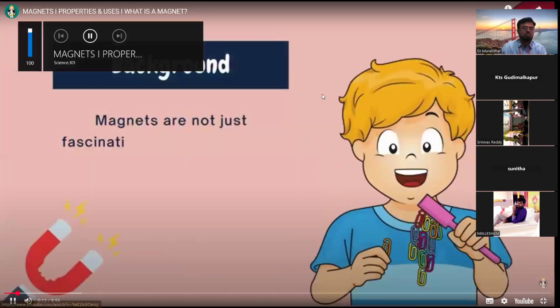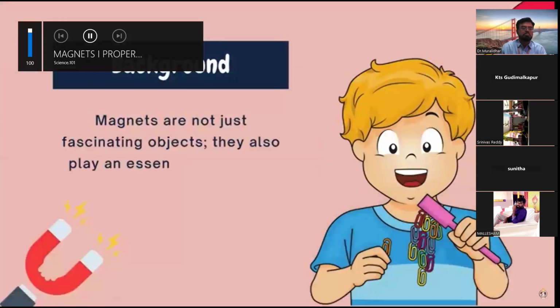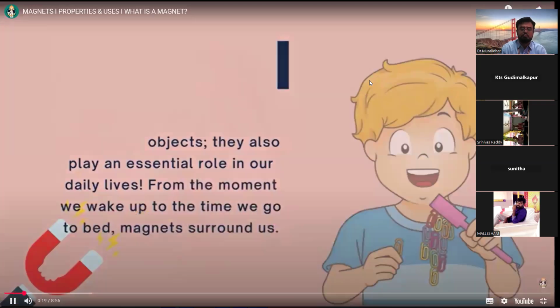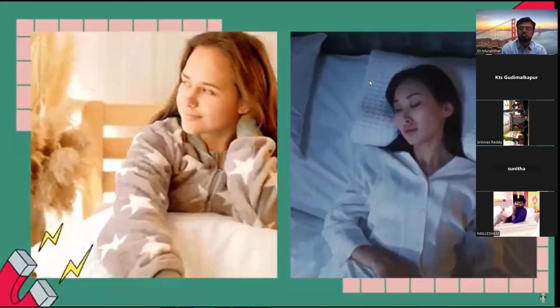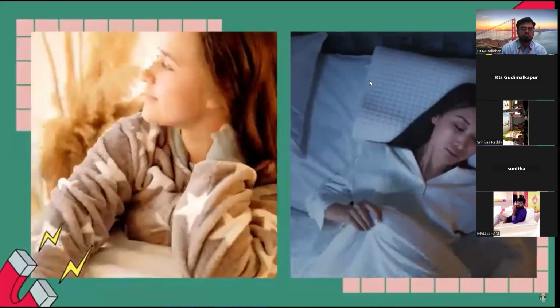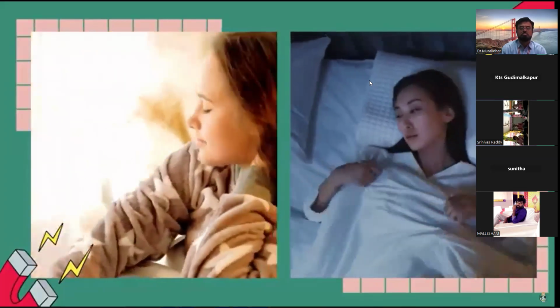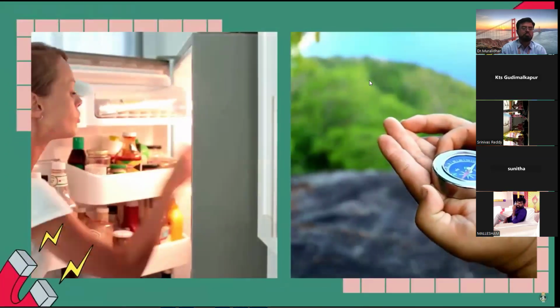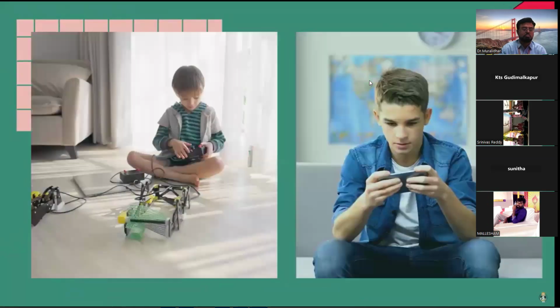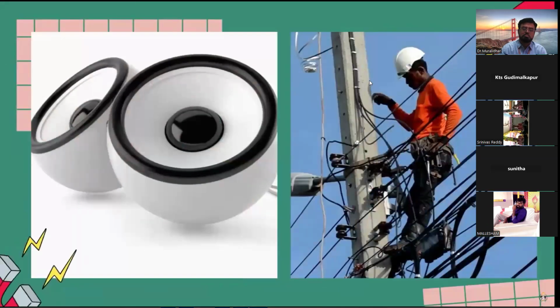Magnets are not just fascinating objects, they also play an essential role in our daily lives. From the moment we wake up to the time we go to bed, magnets surround us. Magnets play a crucial role in our everyday lives. We find them in objects we use regularly, such as refrigerators, compasses, toys, gadgets, speakers, and even electricity.